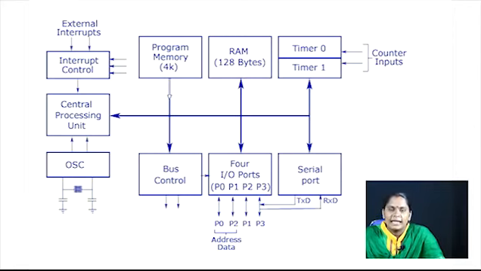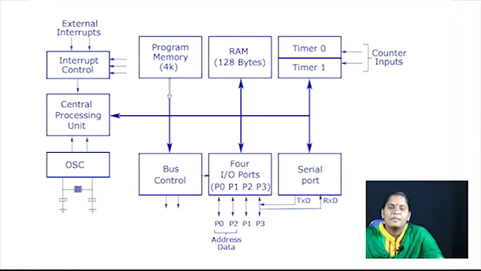The next major type of internal memory is RAM, that is random access memory. Random access memory is also called data memory. The area of this memory is provided for the programmers. This is the programmer area or data memory space.